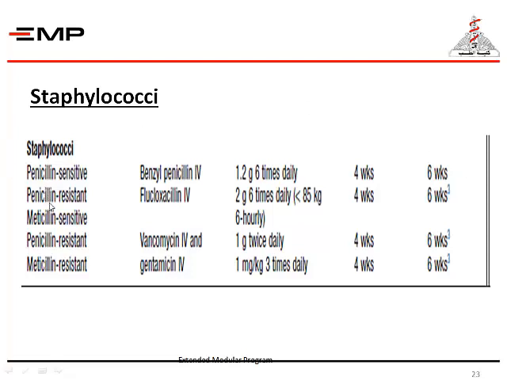If the staphylococci are penicillin resistant and methicillin sensitive, we can go for flucloxacillin, 4 weeks in native valves and 6 weeks in prosthetic valves. If the staphylococci are resistant to penicillin and methicillin, we can go for vancomycin IV and gentamicin IV for 4 weeks in native valves and 6 weeks in prosthetic valves.